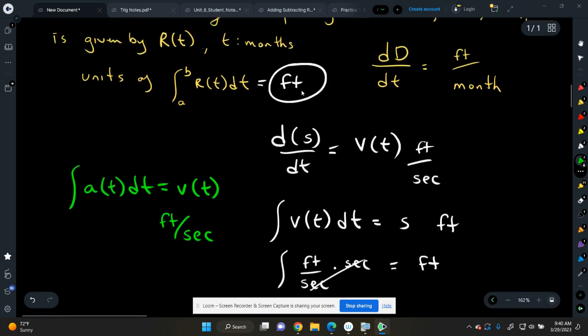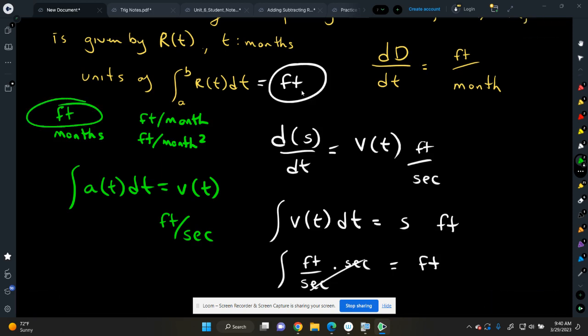Your choices are feet, months, feet per month, or feet per month squared. Is it feet? Is it months? Is it feet per month or feet per month squared? It is feet.